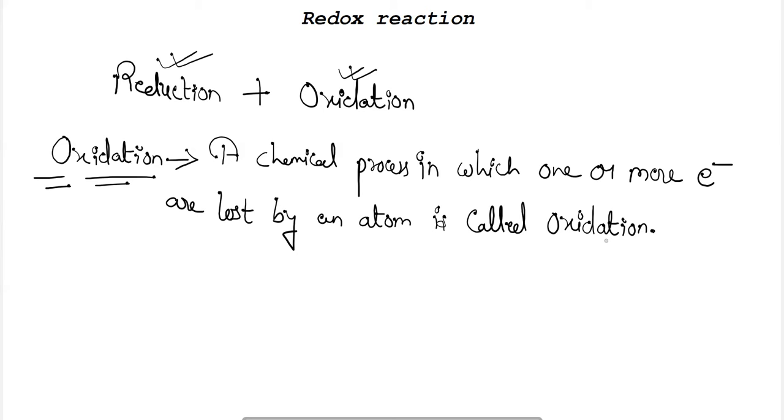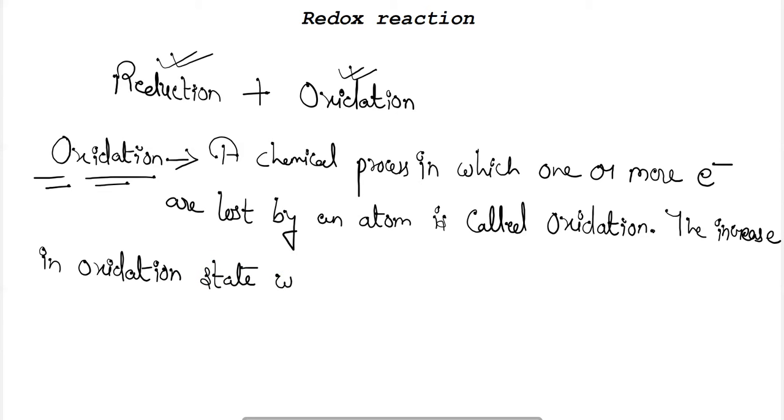In other words, if in the oxidation process the electron is being lost, it means that an increase in oxidation state will be observed.